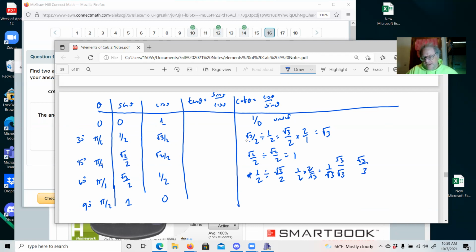Okay. And then finally, cosine 0 divided by 1, which is 0. All right. So here are our values for cotangent. Cotangent doesn't happen often enough to memorize this. In trig classes, they'll make a big deal about it. You have to memorize all of this. But of all the times, I almost always use tangent.